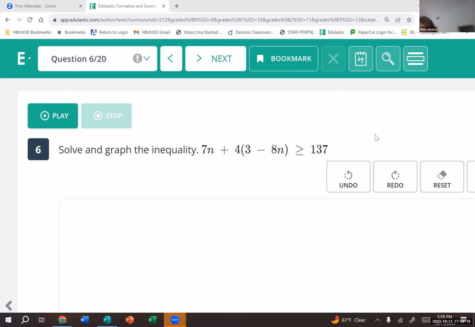Okay. So looking at number 6, scooch over, we've got a little bit of a bigger problem in terms of there's more numbers, but we're solving this math problem.